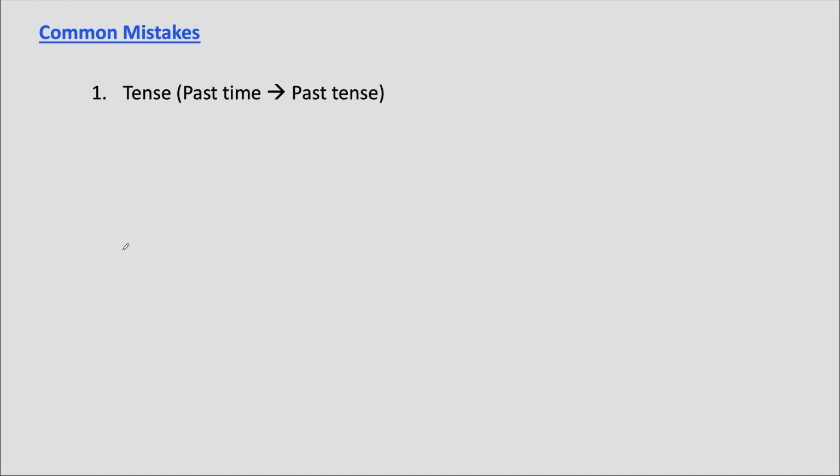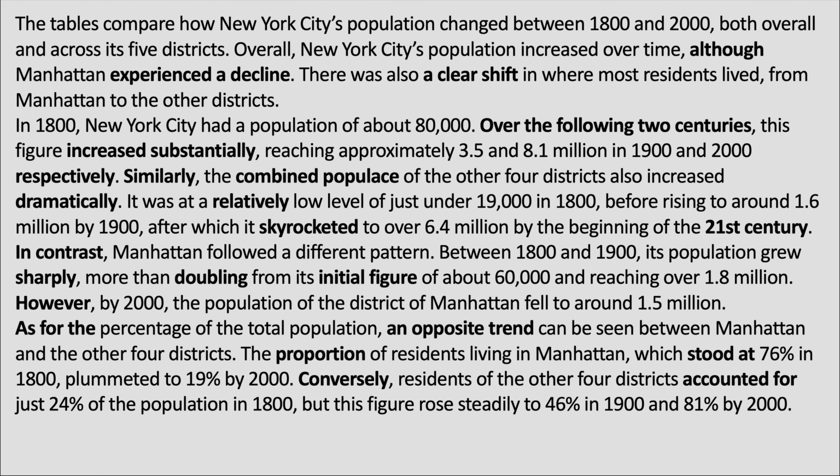Very often, marks are lost not because of ideas but because of small things we don't notice while writing. First, notice the tense. All the years in the question are in the past, so all our verbs should also be in the past. For example, increased, was, skyrocketed, stood at, etc.